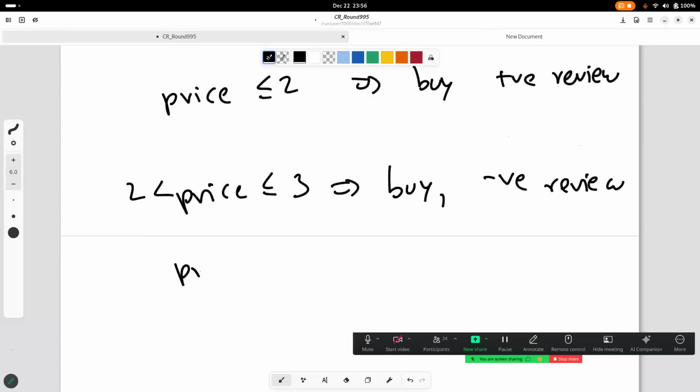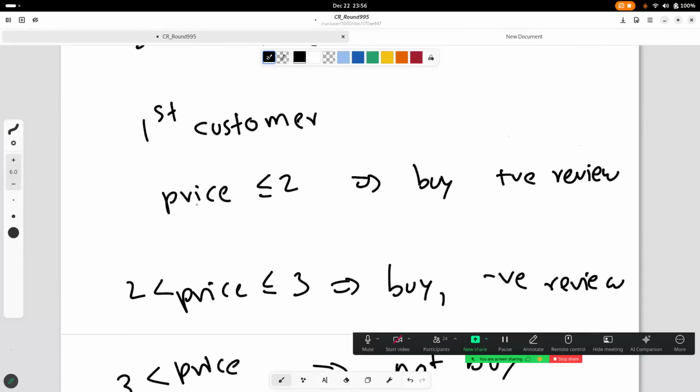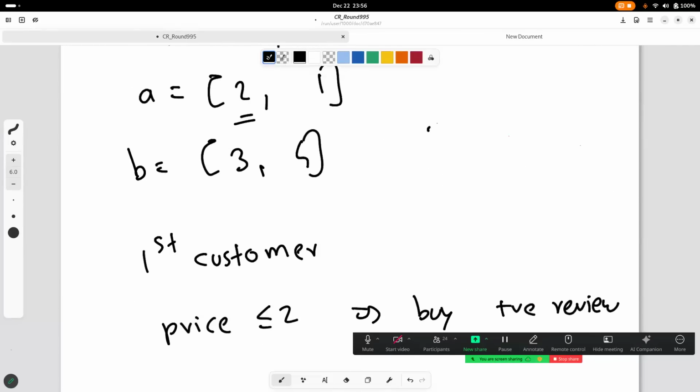If the price is strictly greater than 3, then he would not buy it. Like this customer won't buy your tree. And the price of the tree will be the same for all customers. So if you fix the price of the tree to be 2, then both customers will be offered a price of 2 and they will decide whether they want to buy it or not, and if they are buying it, whether they are going to leave a positive or negative review.